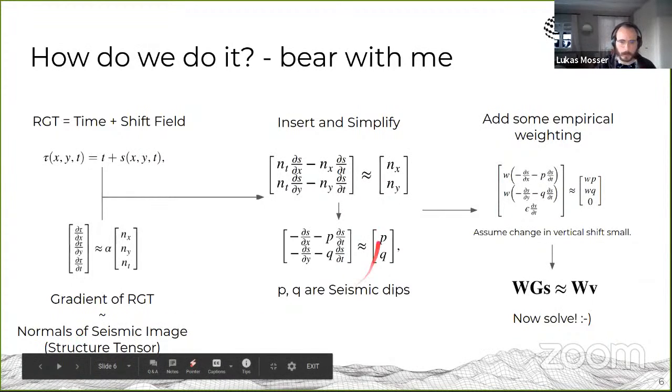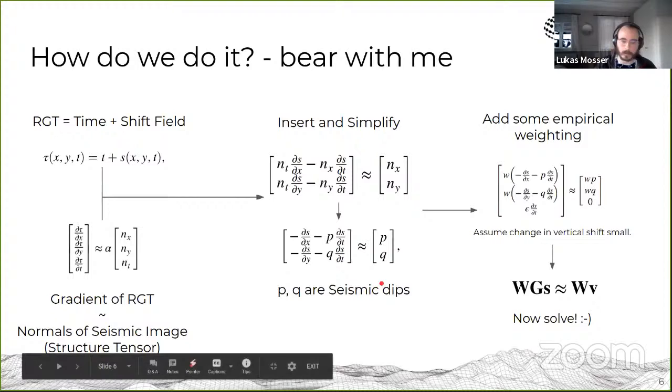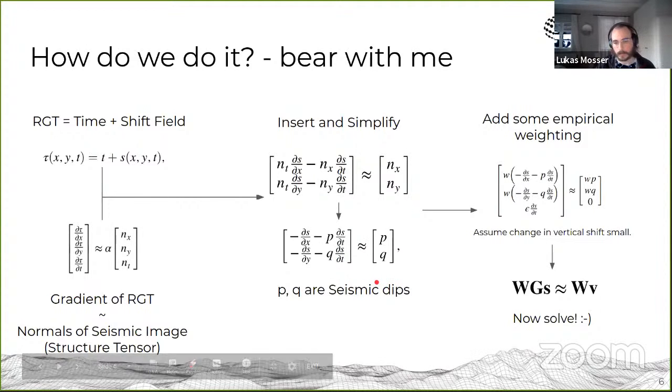Now, there's a bit of a mathematical derivation here, where we can reform this into so-called seismic dips, which tell us how our horizons are dipping in inline and crossline direction. And you can see that there are some gradient operators here in the inline direction, crossline direction, and also in the time direction.